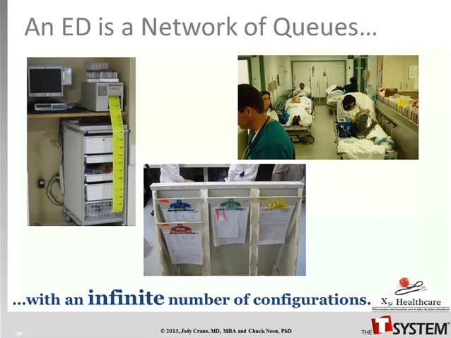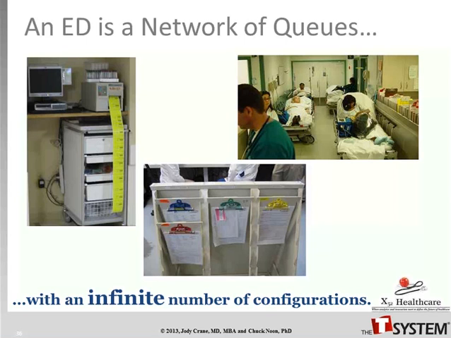Now, these queues, it turns out, have an infinite number of configurations. So the variation associated with each, the certain times during the day where certain queues or certain resources are going to be bottlenecks relative to others. So we've got an intensely difficult system to manage, just in the fact that we've got this very, very complex system called emergency medicine delivery.